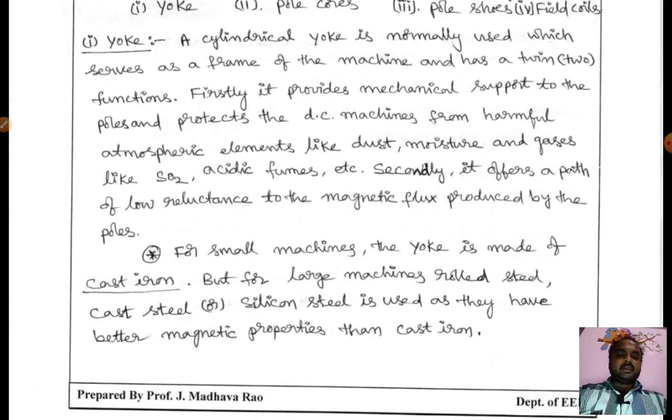For small size DC motors, the yoke is made up of cast iron. For large, heavy size motors, the yoke is made up of cast steel or silicon steel material, right?